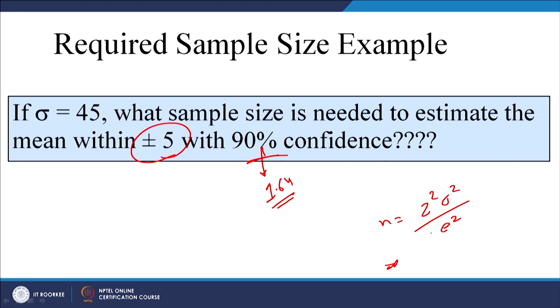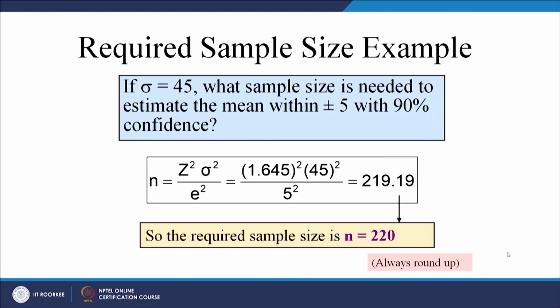So, it would be 1.64 square into 45 square divided by the error term, which is 5 square, right, and the answer would be approximately 220. So, it is always good to round up the fractional value. So, this is how you should be calculating sample size for population mean.